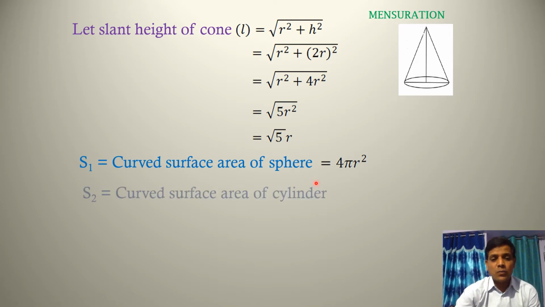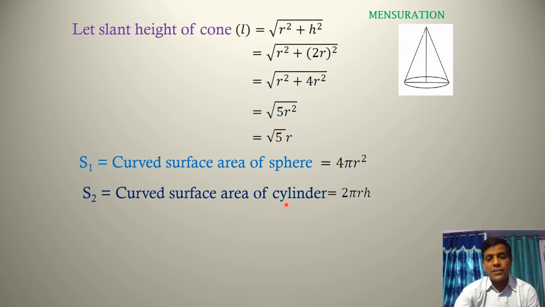Second one, S2, the curved surface area of the cylinder. CSA of a cylinder equals 2 pi r h. What is the value of h here? h is equal to 2r, because the diameter of the sphere is equal to the height of the cylinder.